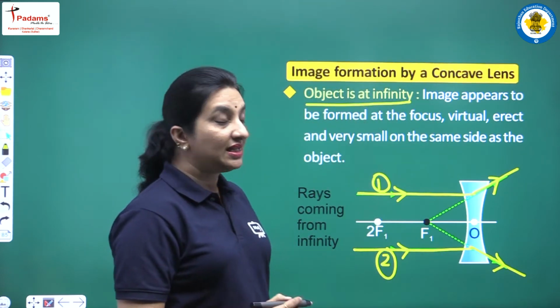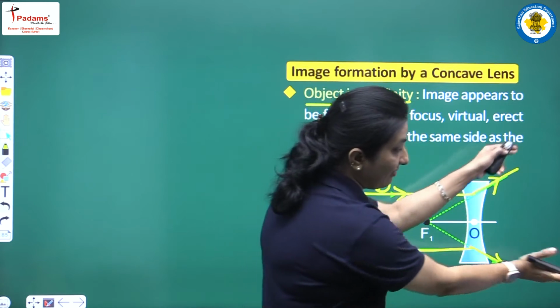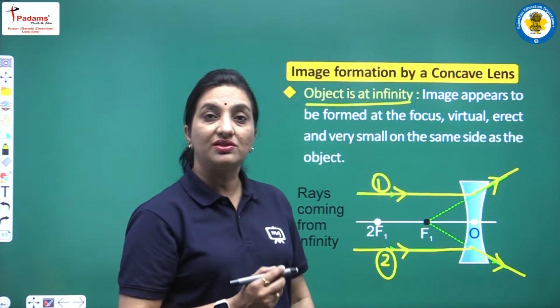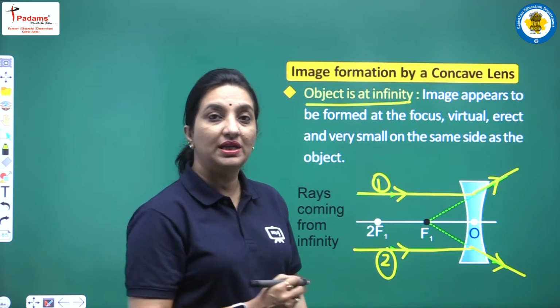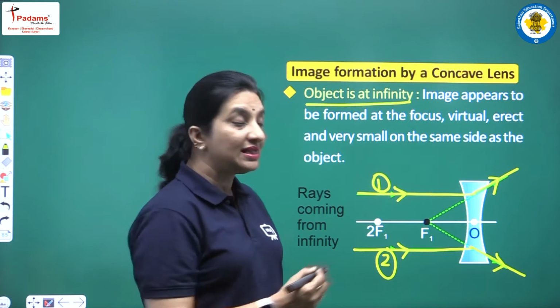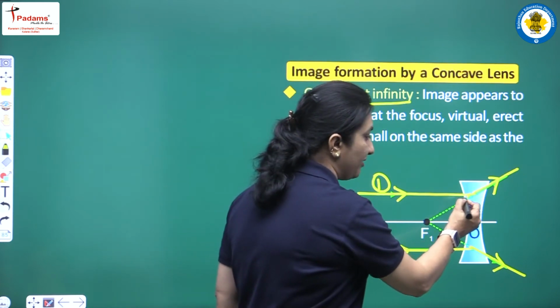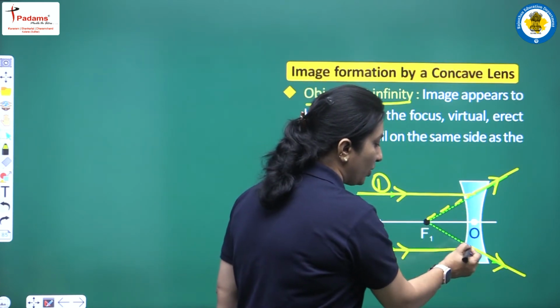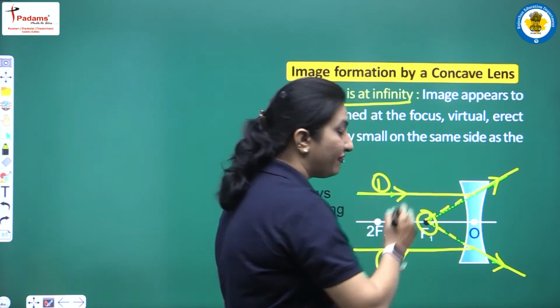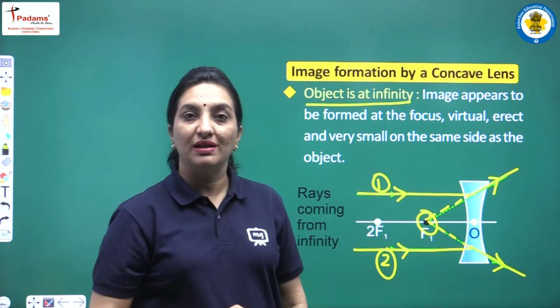And now since these two rays are diverging, ये rays फैल रही हैं, that is why these rays are never going to meet behind the lens. So what we have is that we extend these refracted rays, and what we observe is that they meet at the point F1, which is the principal focus.